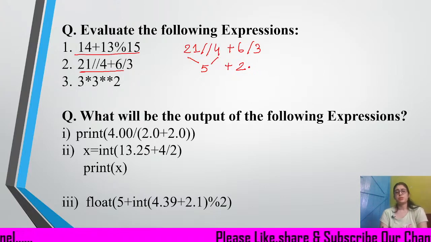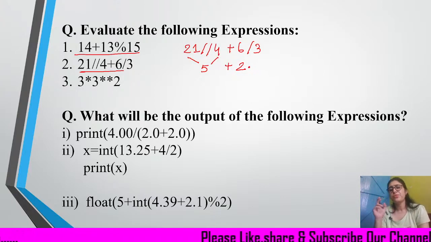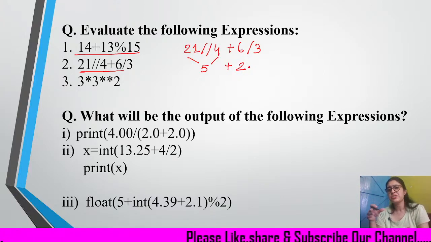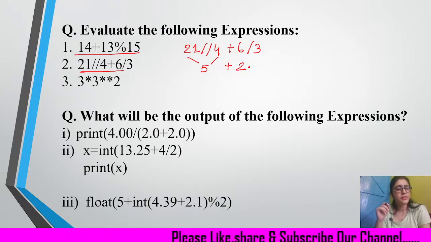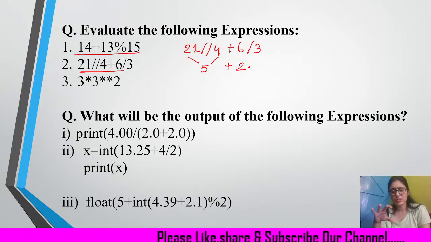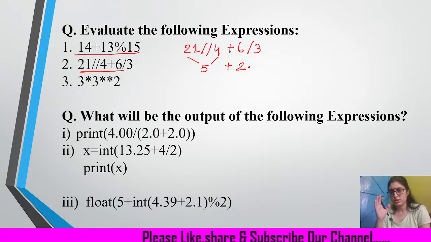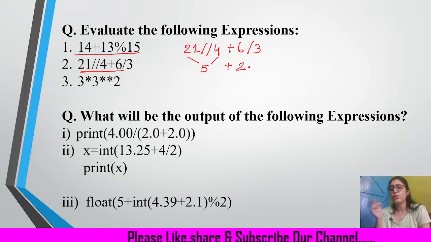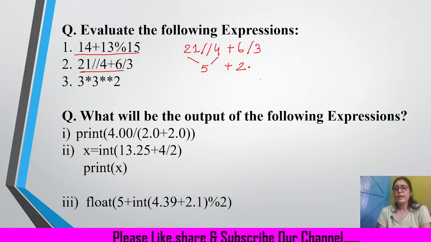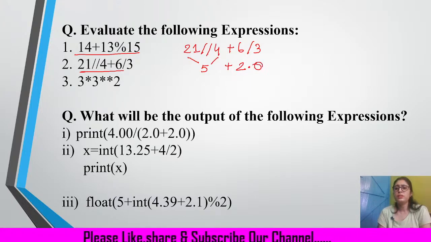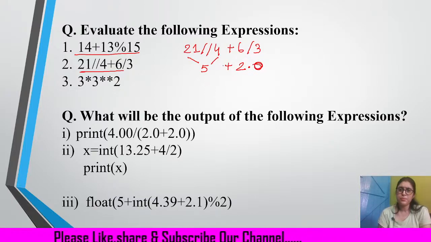But here is a twist. In Python, when we do a single slash, it will give you a floating point result. The data type will be float. Why? Because by default, this operator returns a floating point number.